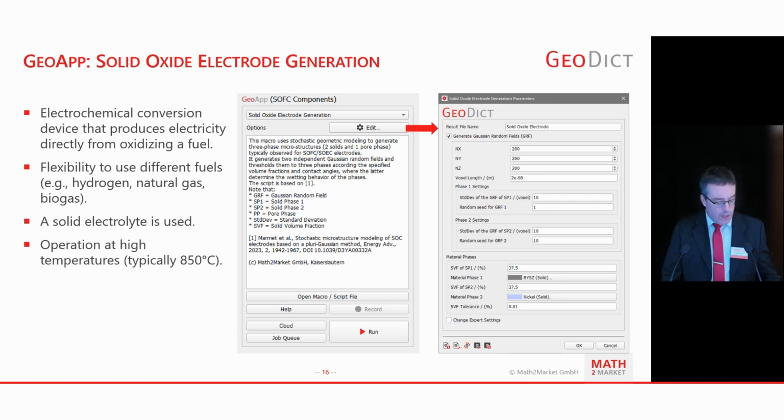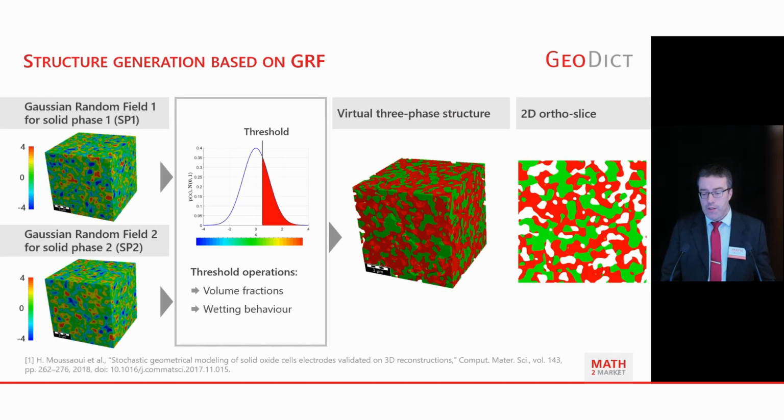So this app here is called the solid oxide electrode generation. This was originally presented by Philippe Mamet from the Institute of Computational Physics of the Zurich University of Applied Sciences, actually at the GeoDict user meeting 2 years ago, 2021.